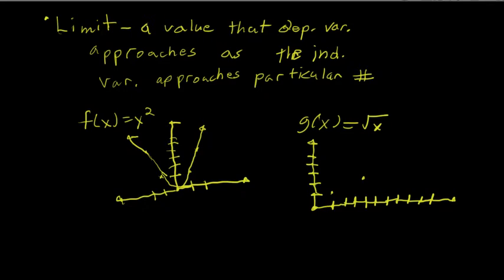And 9, 3's on the graph because the square root of 9 is 3. So the graph is going to look something like that.